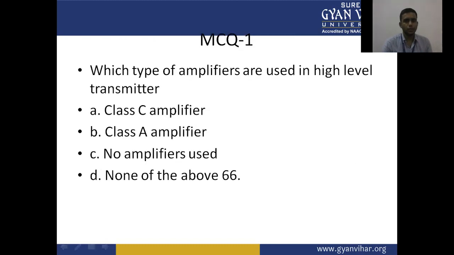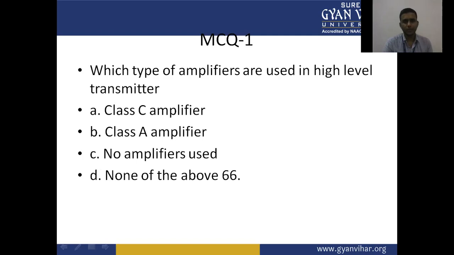First, multiple choice question number one. Which type of amplifier is used in the high level transmitter? A, class C amplifier, B, class A amplifier, C, no amplifier used, and D, none of the above.